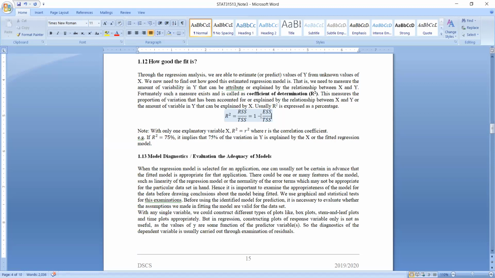In multiple linear regression, that is different because there you have more than one x variable, but here it's the same. So let's calculate this r squared value for our given data set and check what we have.